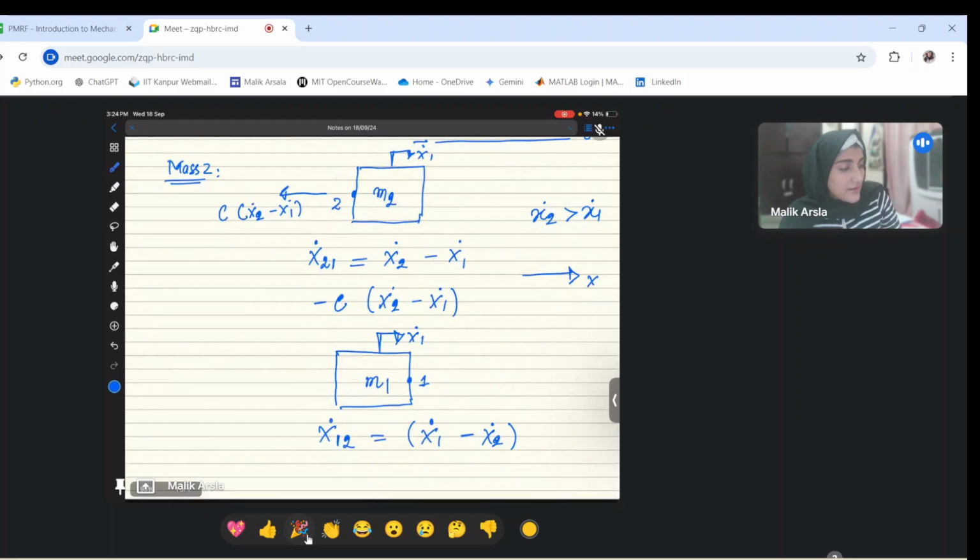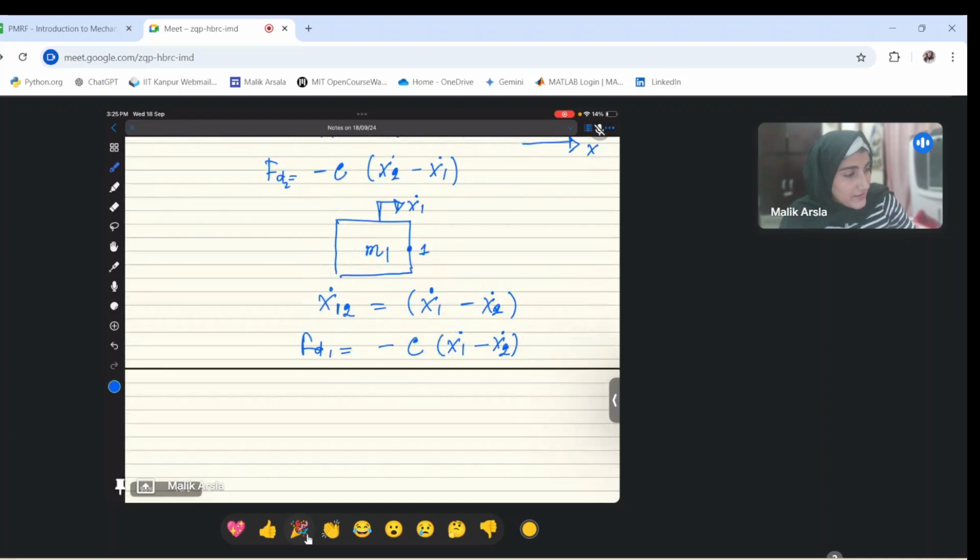Now we know that the damping force is opposite, so the damping force in this case will be equal to minus c times (x1 dot minus x2 dot). So this will be my damping force here.